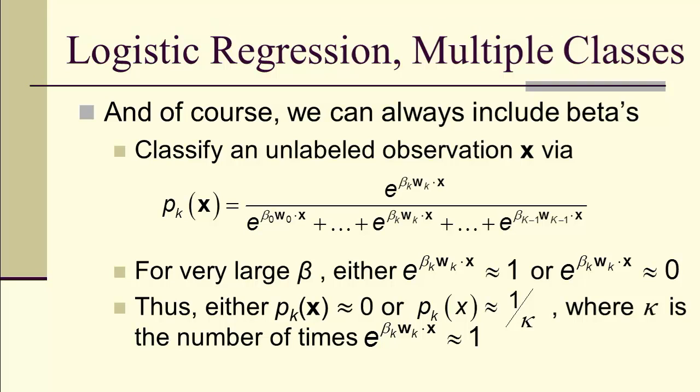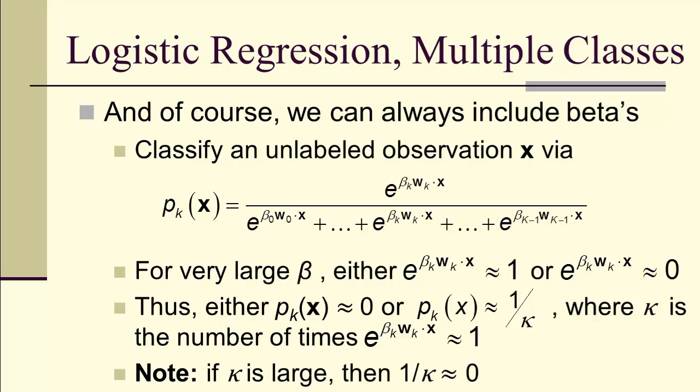So notice that one difference is, as we get an arbitrarily large number of classes, rather than getting practically 0 or practically 1, we get practically 0 or practically 1 over kappa as our predictions. This is not a big deal as long as the number of classes is relatively small. But of course, if the number of classes goes to infinity, then the 1 over k goes to 0.